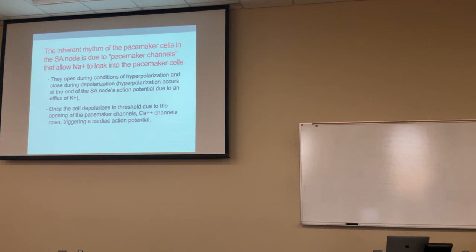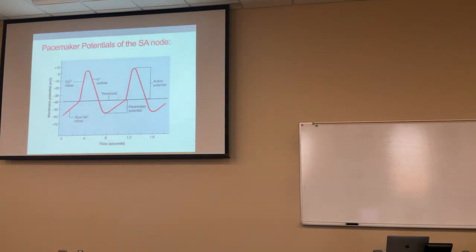So this pacemaker potential is due to 3 different ion channels that are in the membrane of these pacemaker cells. They have one ion channel that's unique, and that's the pacemaker channels that are activated in response to hyperpolarization.